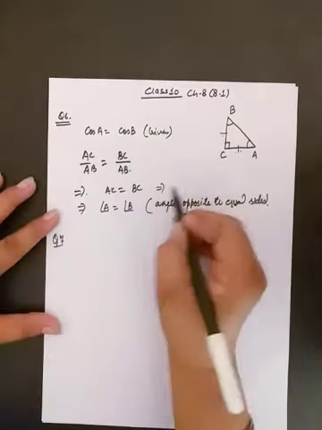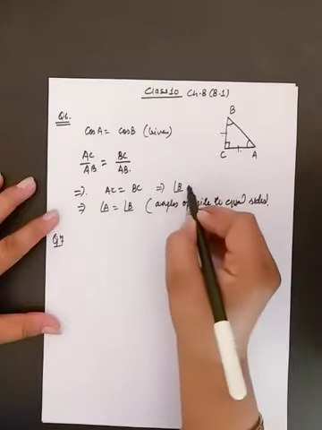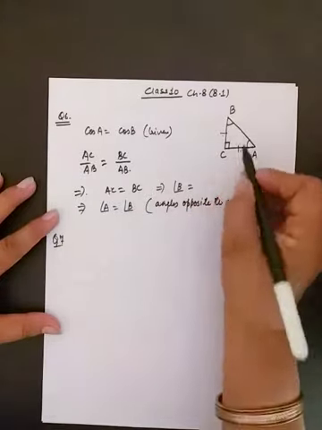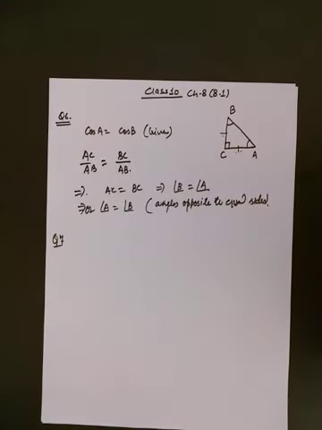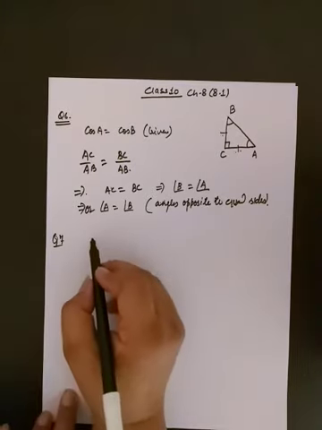The angle opposite to side AC is angle B, and the angle opposite to BC is angle A, or we can write it as angle A is equal to angle B. Very simple question.